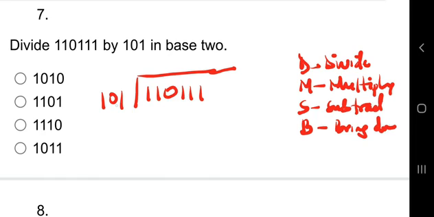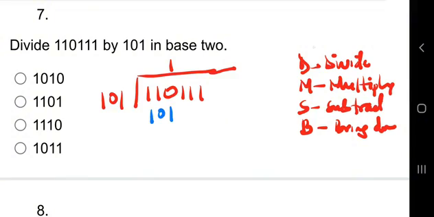So the first one we're going to look at, 101 can go in the first 3 digits here, because the first 3 digits are more than 101. So that means it's going to be 1 here, right? So that's division. We have divided. Now the next stage is multiply. We multiply this answer by 101, so that gives us 101.